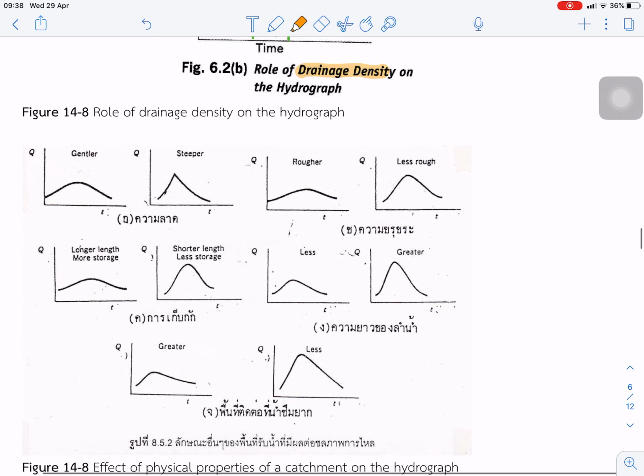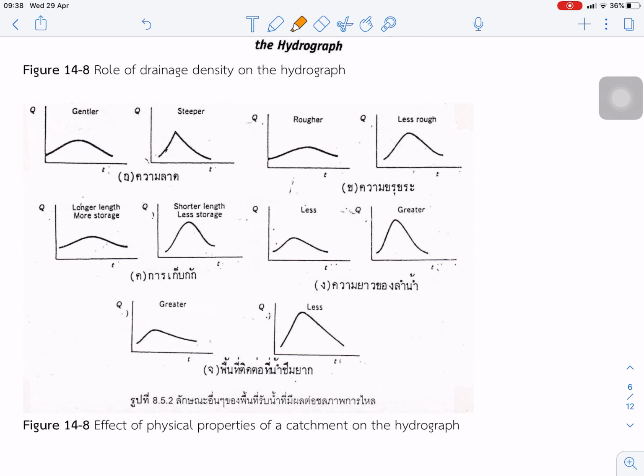And this figure shows different basin characteristics. For example, for a steeper slope, we expect the hydrograph to have a high peak. For less roughness, we expect a high peak as well.